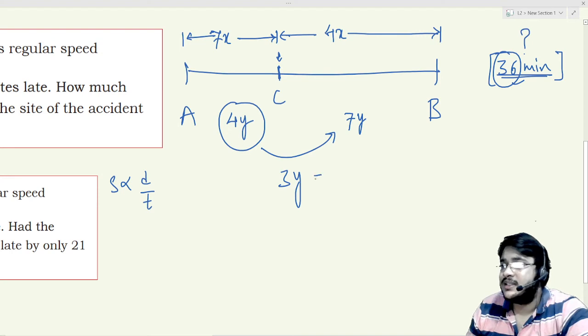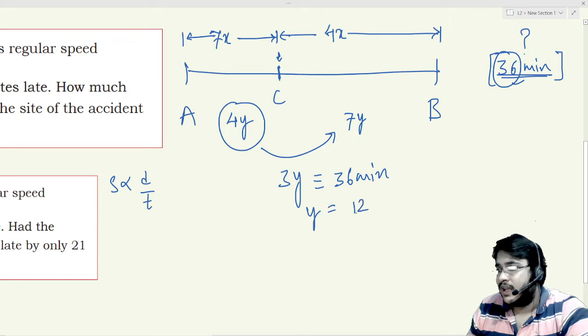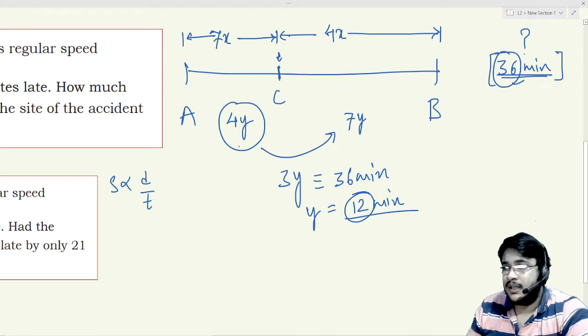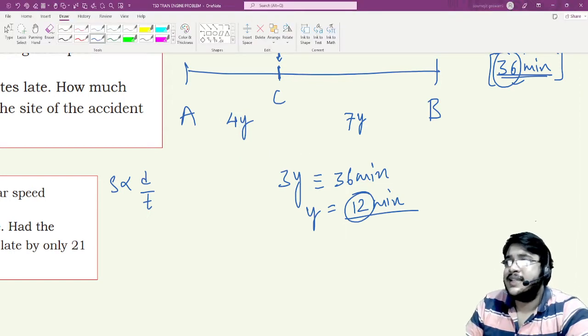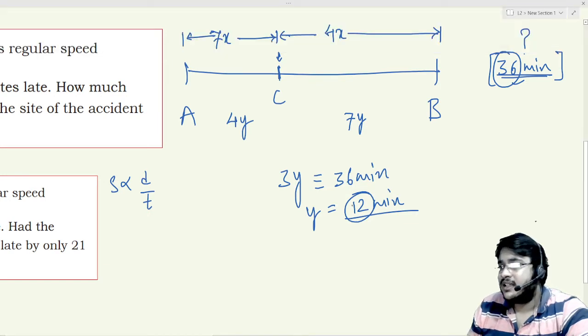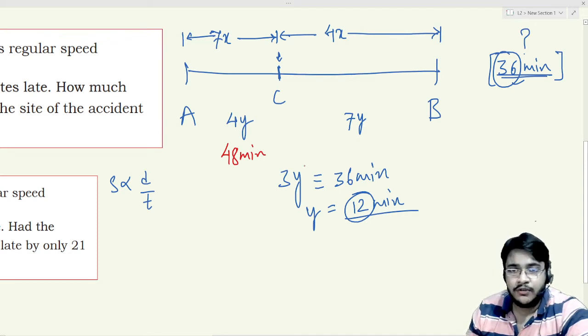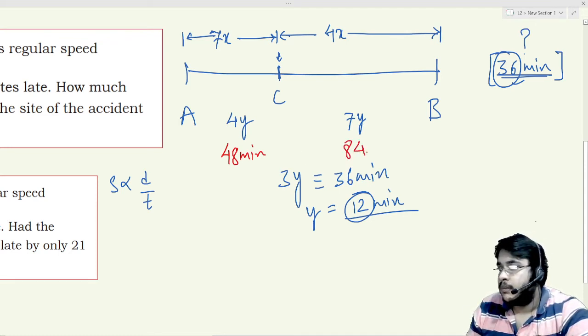In other words, this 3y is equal to 36 minutes, and y is equal to 12 minutes. With this in my arsenal, I can jot down the exact times. The exact times will be 4 times 12, that is 48 minutes, and 7 times 12, which is 70 plus 14, which is 84 minutes.